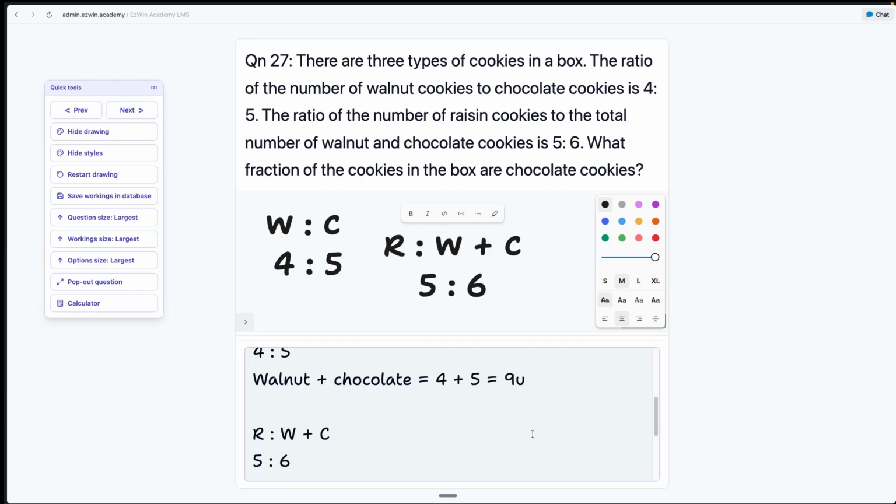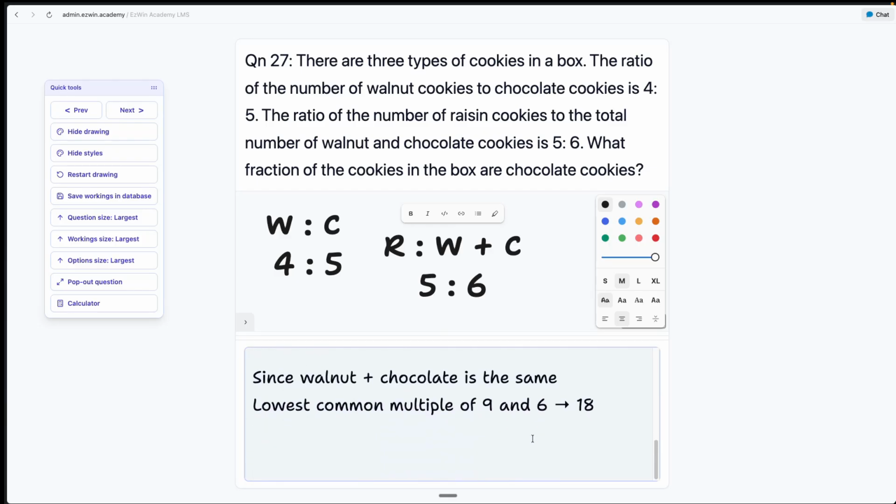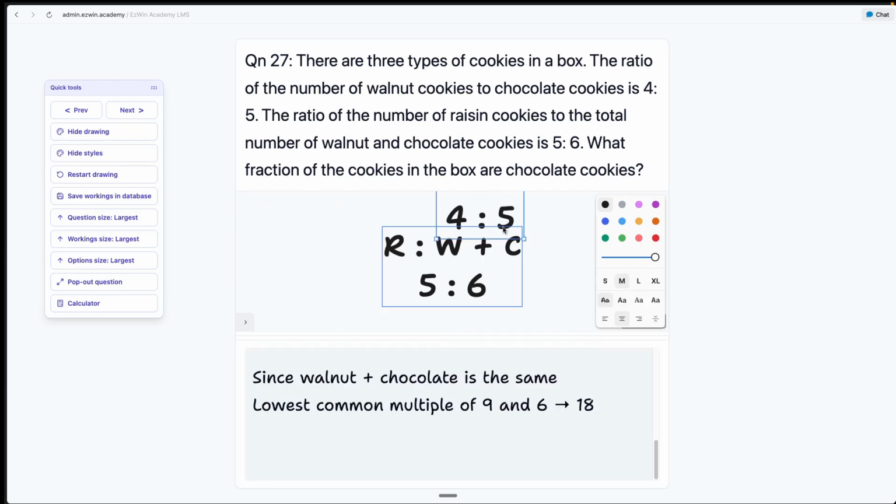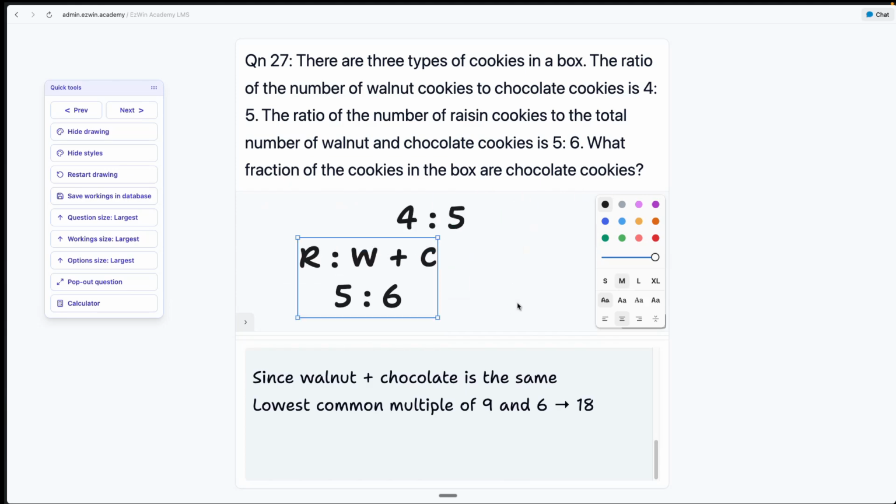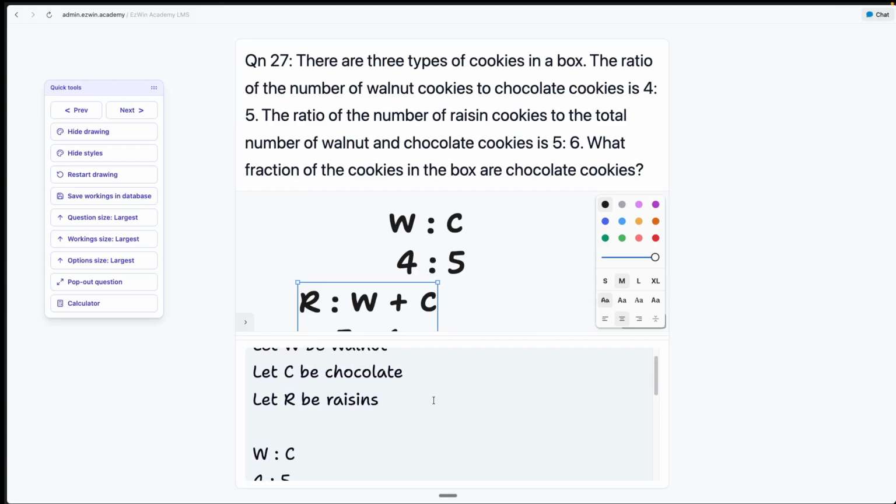So with that said, what we can do is walnut plus chocolate. So let me write something down also. I'll just put, let WC be walnut plus chocolate, so it's easier to represent.